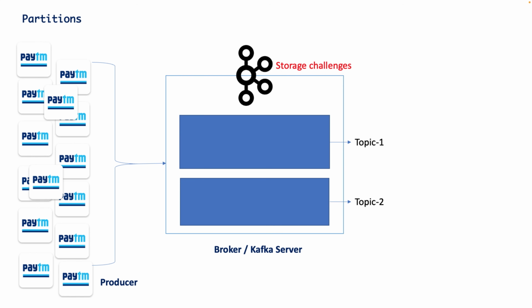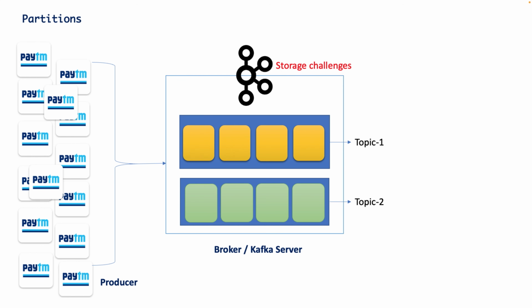The solution is very simple. As we already know, Kafka is a distributed system. In such a scenario, we can break the Kafka topic into multiple parts and distribute those parts across different machines. This concept is called topic partitioning, and each part is called a partition in Kafka terminology.